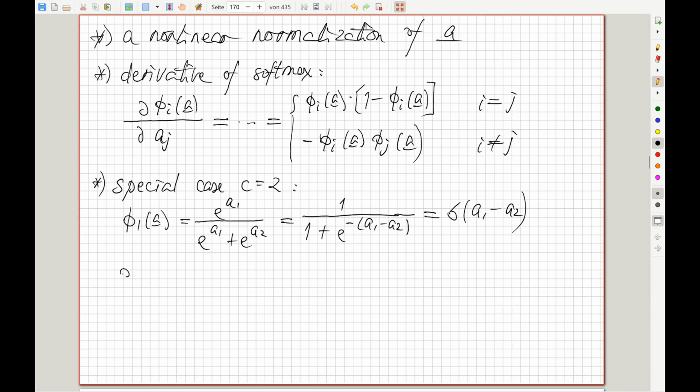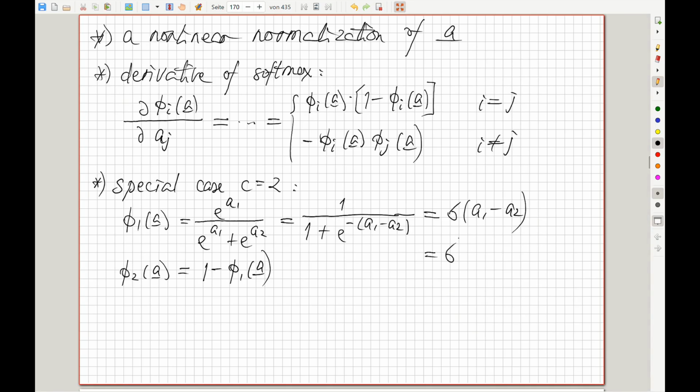What's the second output? Well, we don't need any calculation. By normalization, we know the second output is 1 minus the first output. And we know the property of the sigmoid activation function.